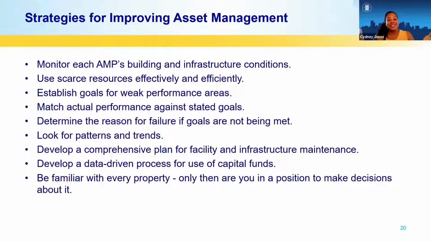I can't stress enough things like electronic filing systems, making sure everyone has computers, and developing a comprehensive plan for facility and infrastructure maintenance, developing a data-driven information technology system to provide capital project information.